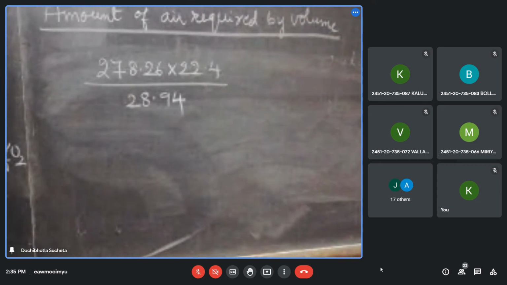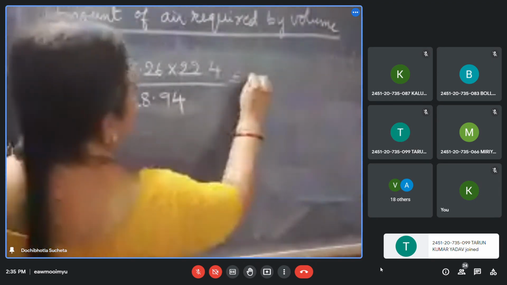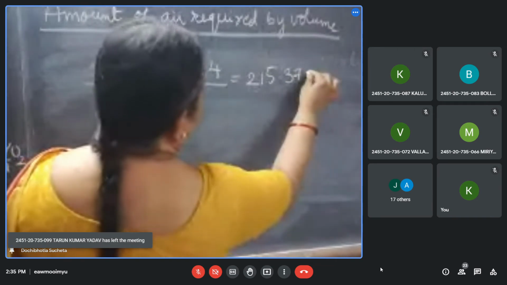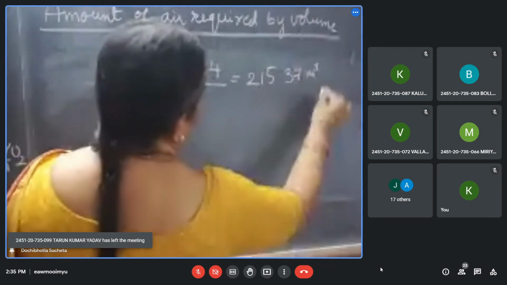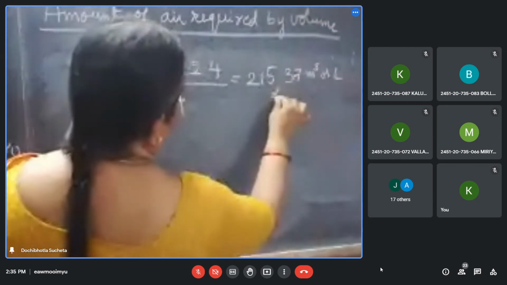That is 215.37 meter cube or liters of air.